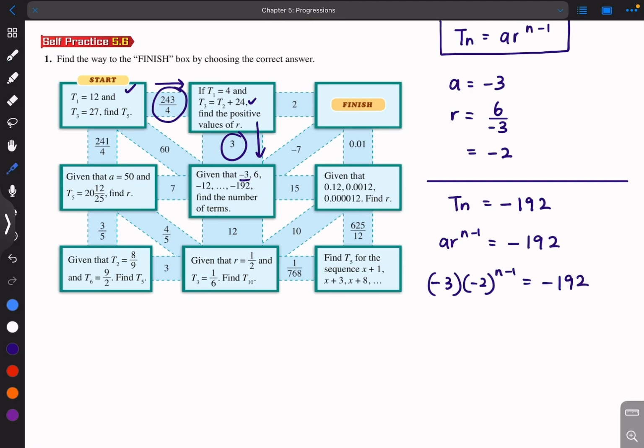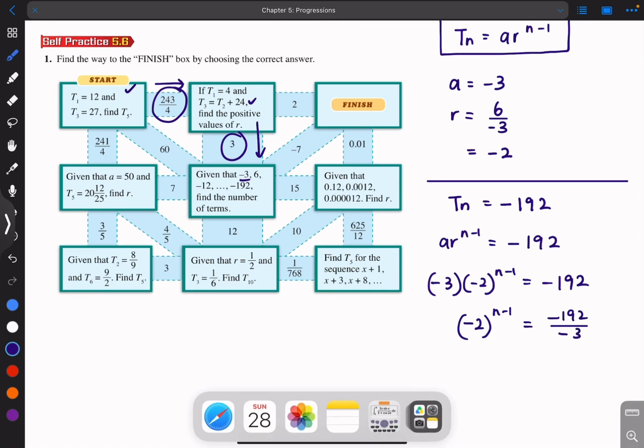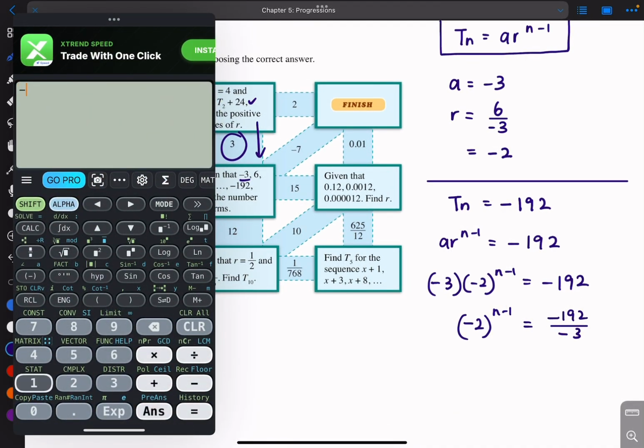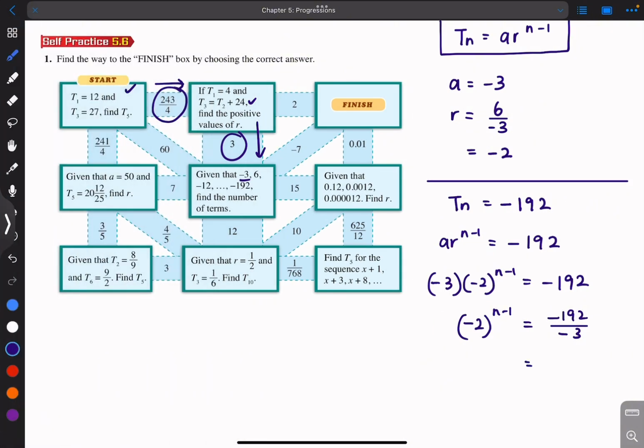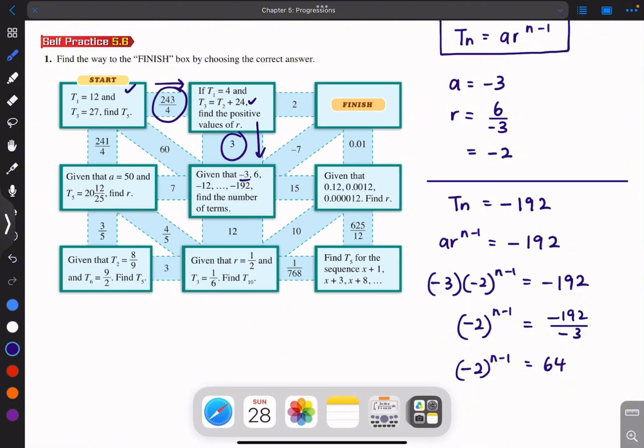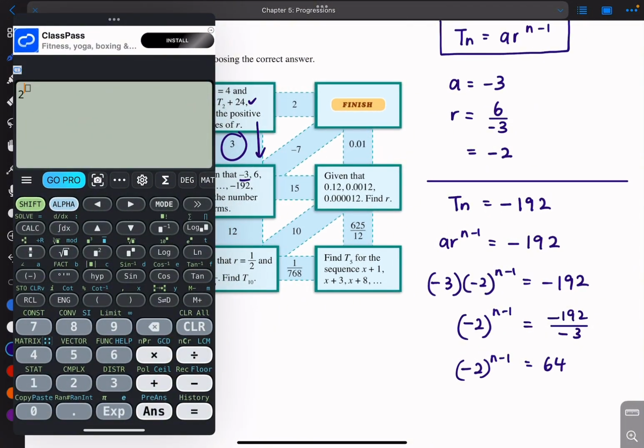Then we can bring the negative 3 over this side. So it becomes negative 2 to the power n minus 1 is negative 192 over negative 3, which is 64. So negative 2 to the power n minus 1 is 64. 64 is also 2 to the power of 6.